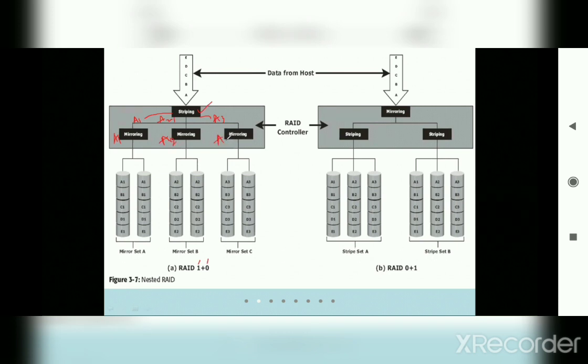This data is striped. Now I am mirroring, so once the data comes out of this, I'll have an A1 copy, and here also an A1 copy. Here A2, and here also A2. Please remember that I am striping this one. And when A3 comes out of the mirroring, it will have multiple copies, A3 and A3. Simple.